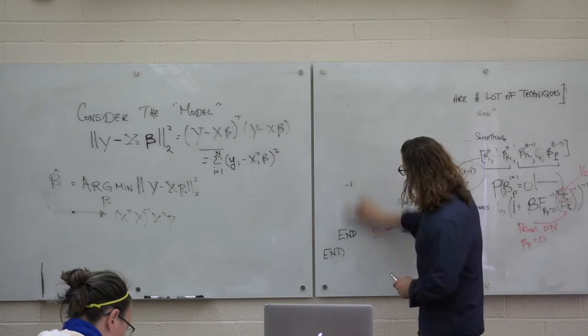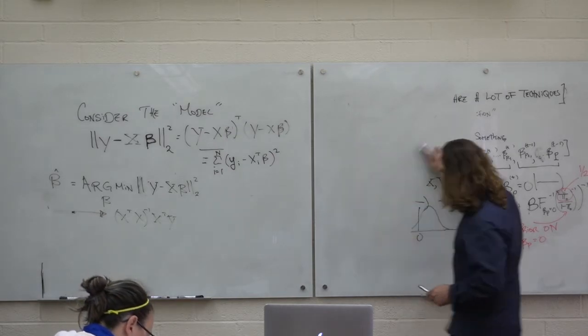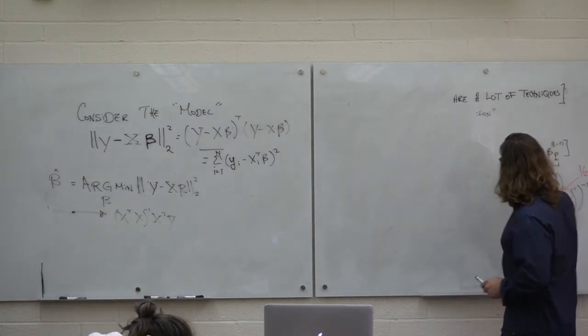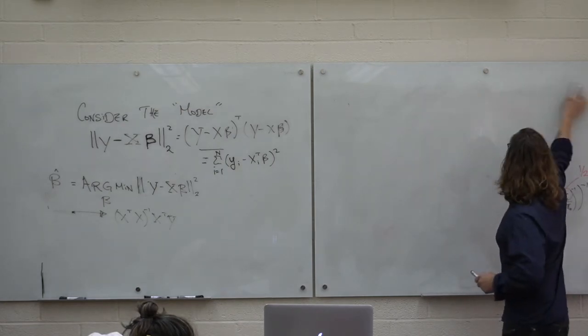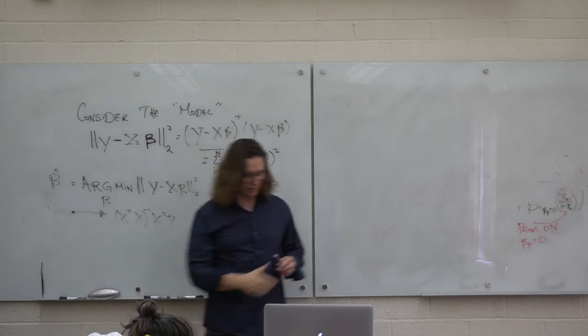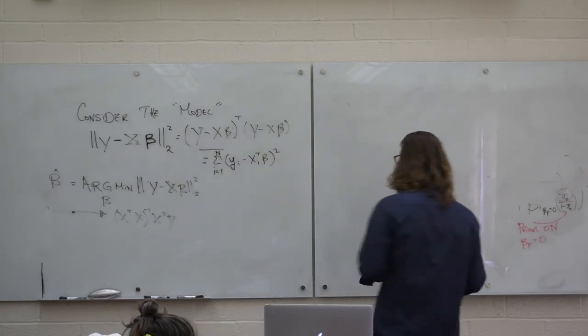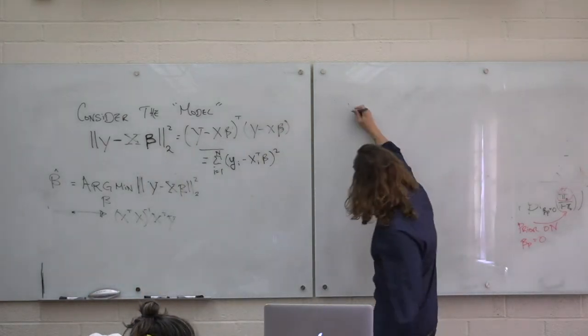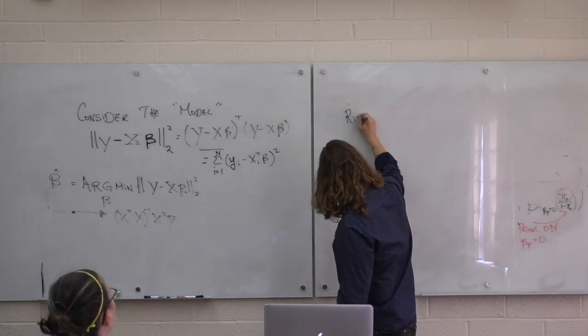I believe this is attributed to Tikhonov, and I'm not going to try to spell that. If you weren't in a statistics class, they might be talking about regularization techniques. This is called Tikhonov regularization, or as statisticians call it, ridge regression.